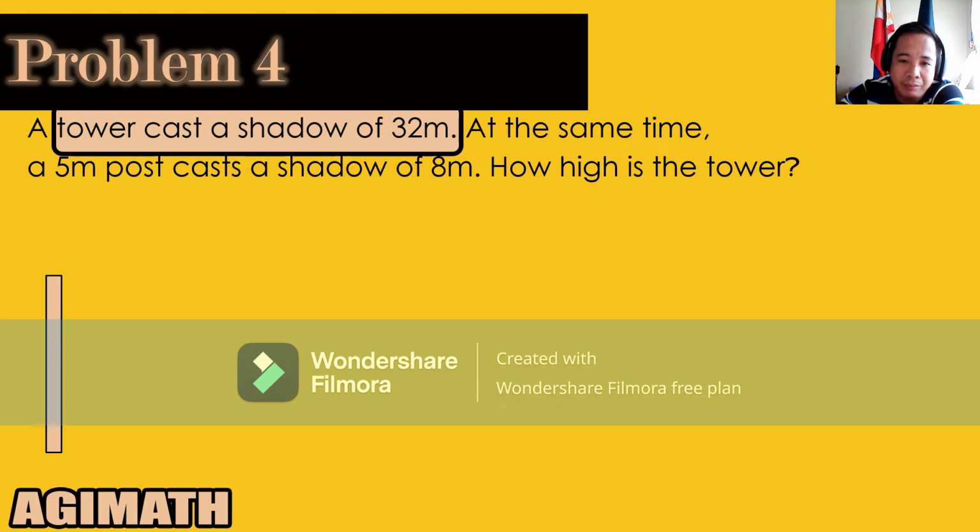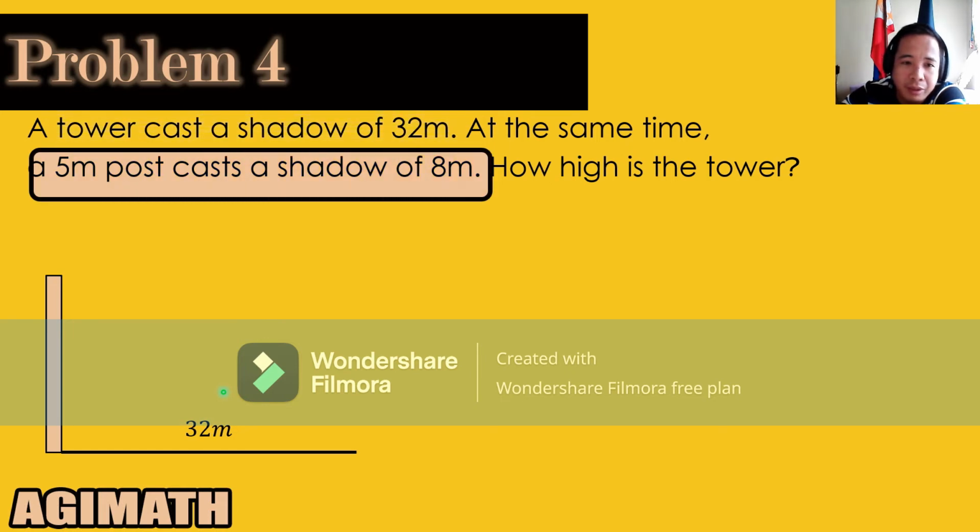So just imagine that this is a tower, because I'm not good at drawing. This is the tower and it casts a shadow. So just again imagine that this is a shadow and the length of the shadow is 32 meters.